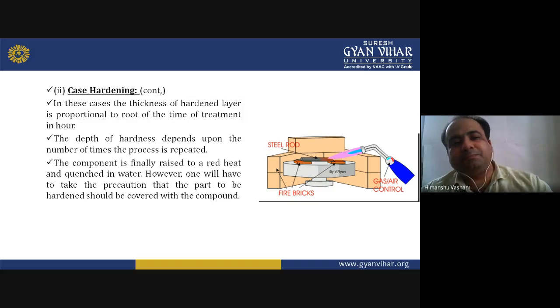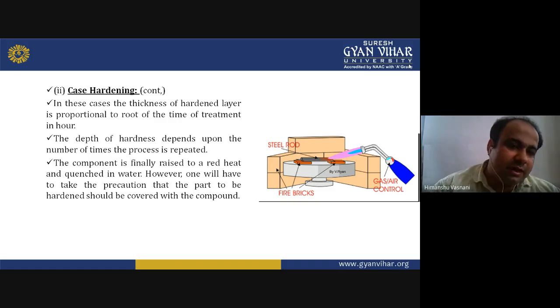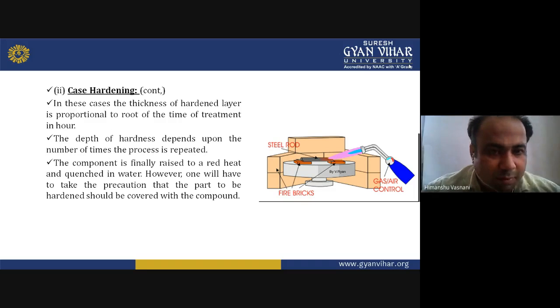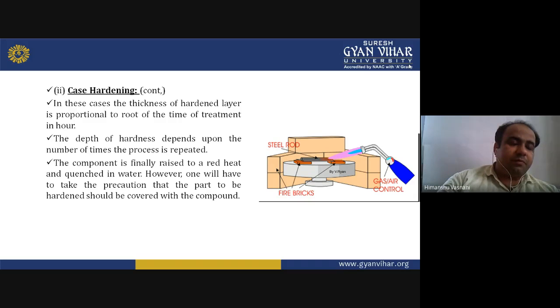In these cases, the thickness of the hardened layer is proportional to the square root of the time of treatment in hours. The depth of hardness depends upon the number of times the process is repeated.